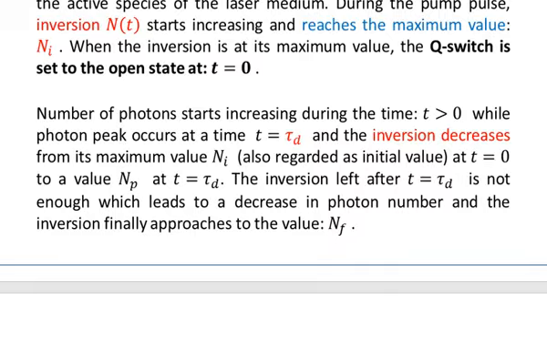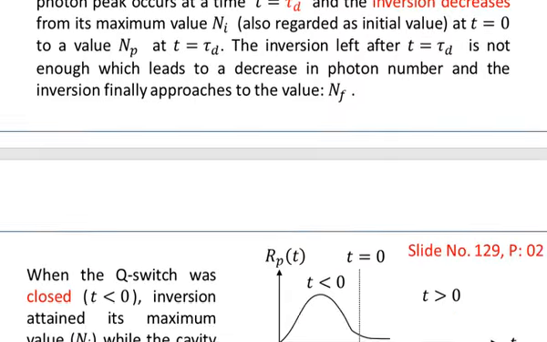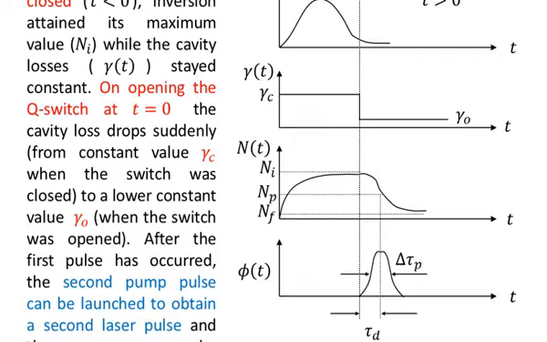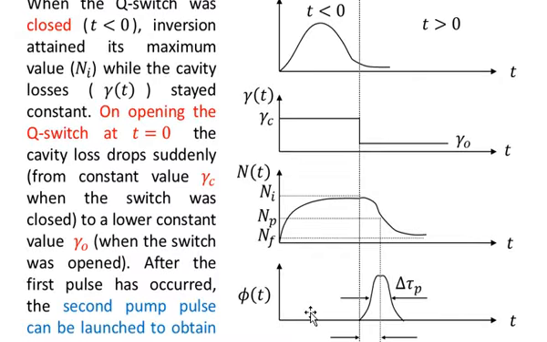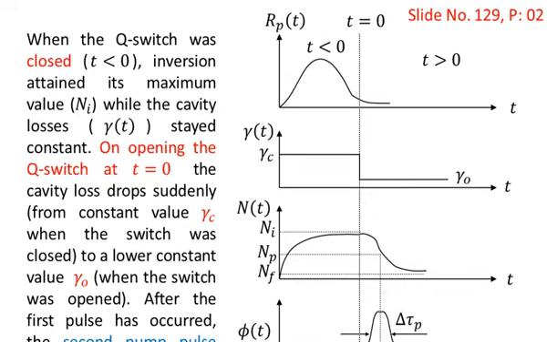So let me explain this paragraph with the help of the figure. Look at the inversion. The inversion reaches its maximum value over here, and when it has attained the maximum value equal to Ni, you see that the Q switch is set to the open state at time t equal to 0.